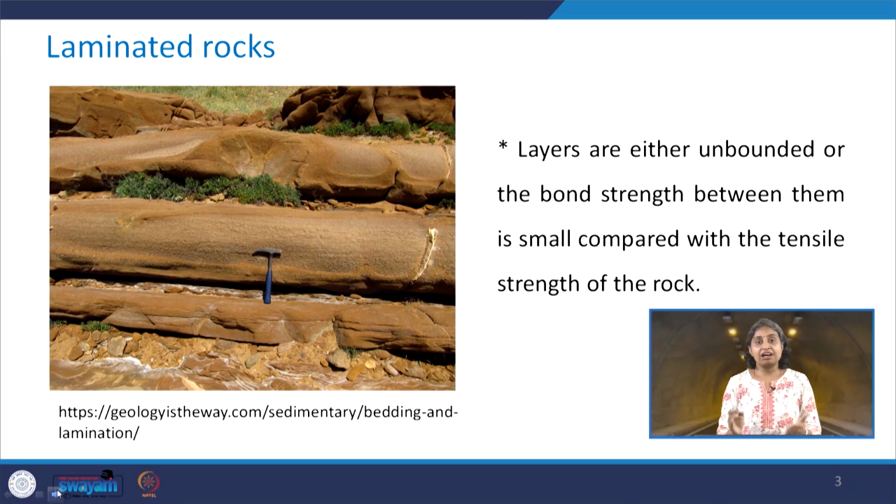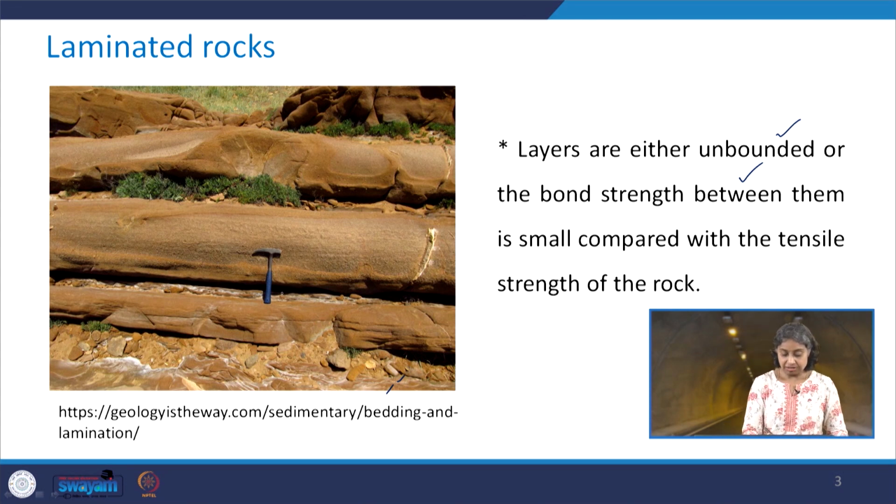So we call these laminated rocks. Now if you take a close look, these layers are either unbonded or the bond strength between them is very small compared to the tensile strength of the rock.